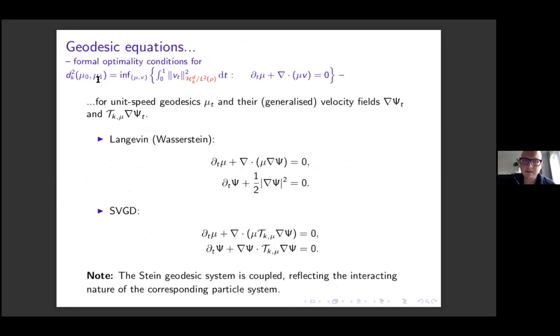And this in some sense defines the geometry. What is interesting about distances of this form is that they are defined in terms of the shortest length of connecting curves. It's like a geodesic on a Riemannian manifold.